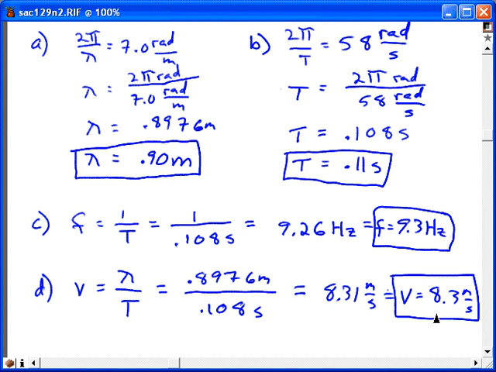To 2 sig figs, as were all the given values.